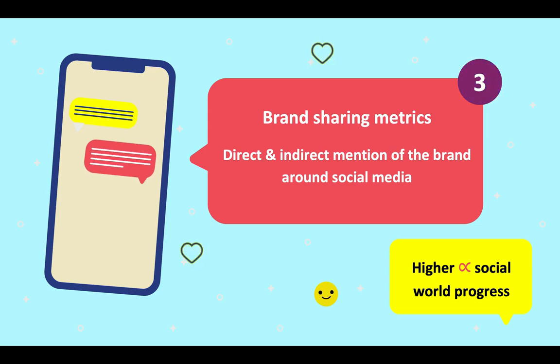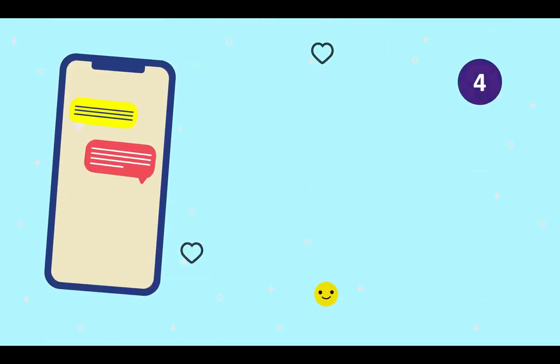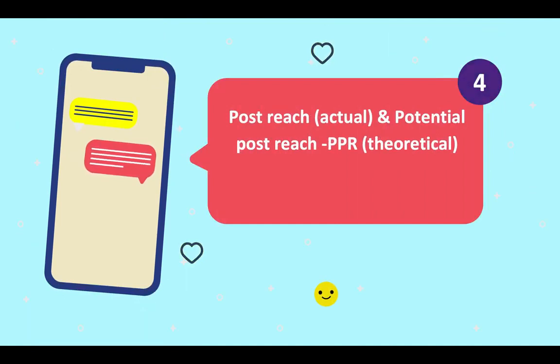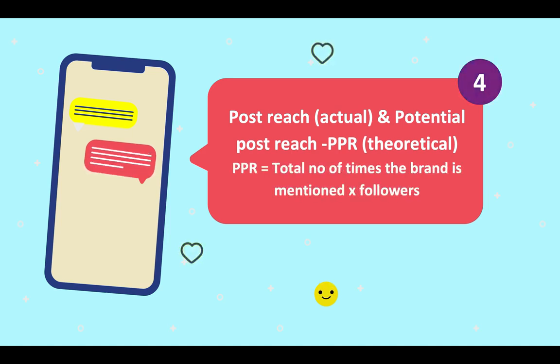In this list, another interesting metric that you can look out for is post reach or the potential post reach. So this number basically shows how many people saw the post and how many could have potentially seen it. The first number is the actual figure and the potential is obviously the theoretical figure, which is calculated within your ongoing network.